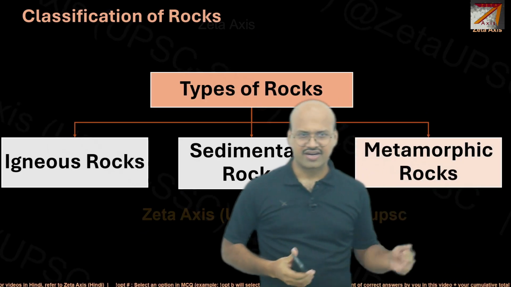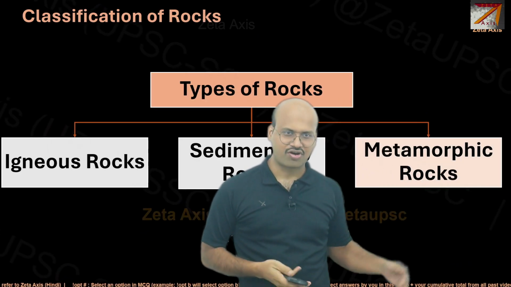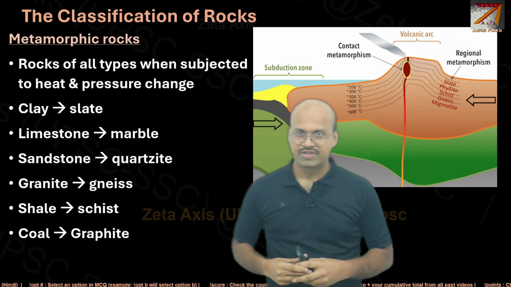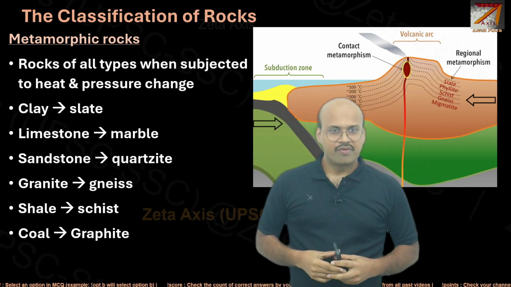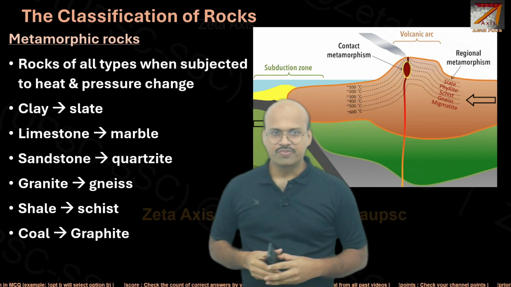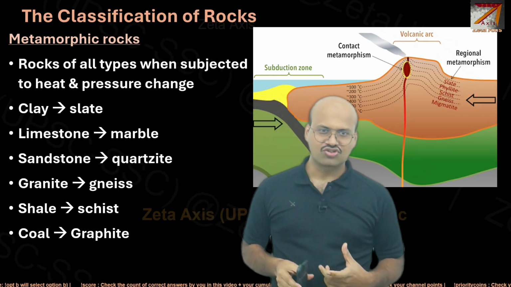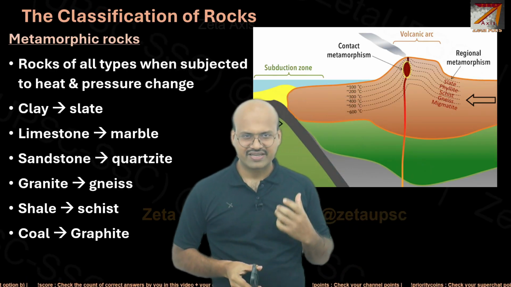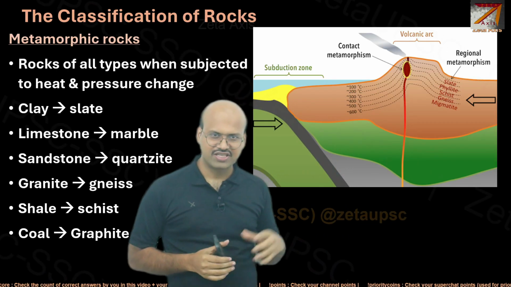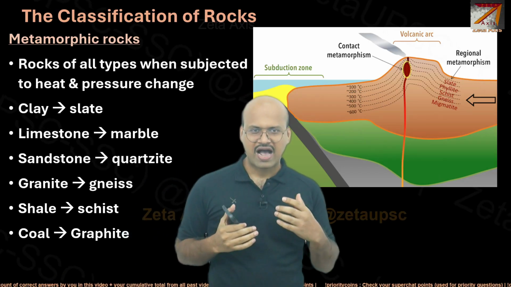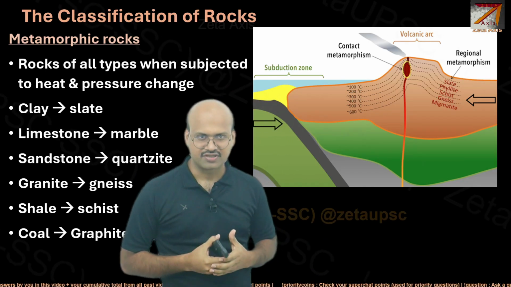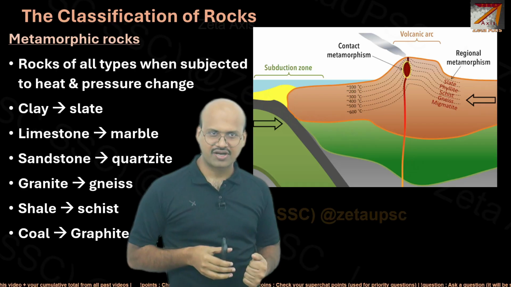Now let's see the third type of rock, the metamorphic rock. So all types of rock, whether metamorphic, igneous, or sedimentary, within our earth crust are subjected to high temperature as well as high pressure. How does this high temperature come about?